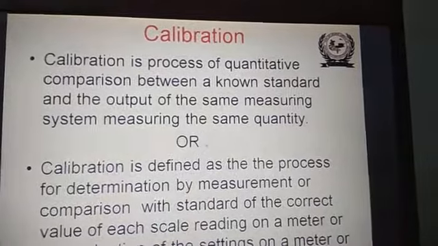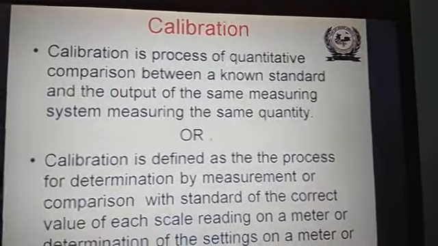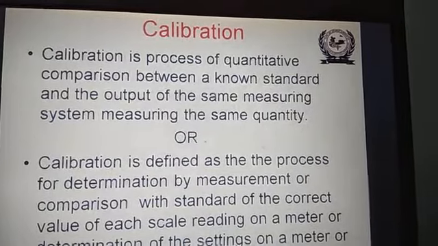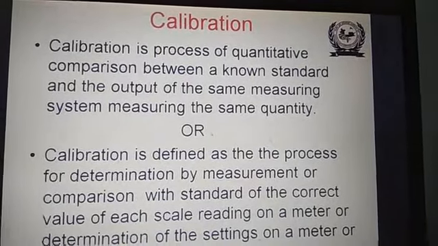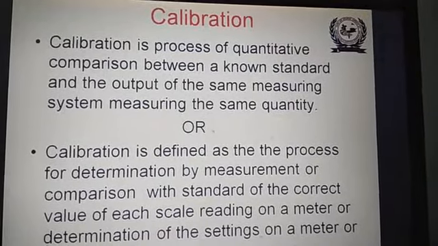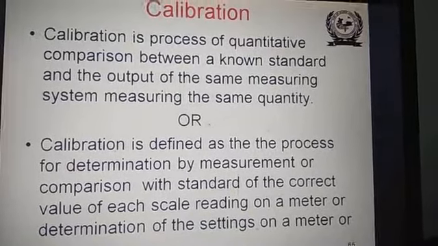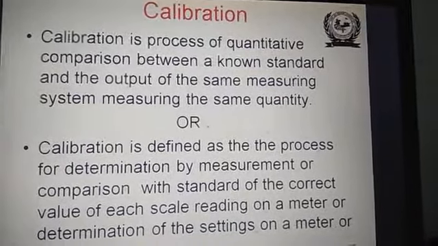Then one of the important terms in instrumentation systems is calibration. Calibration is the process of quantitative comparison between a known standard and the output of the same measuring system measuring the same quantity.